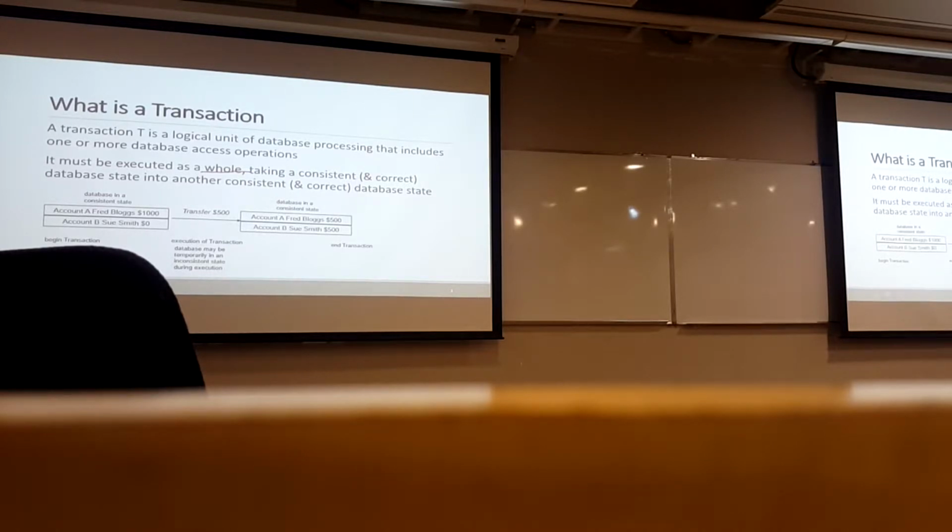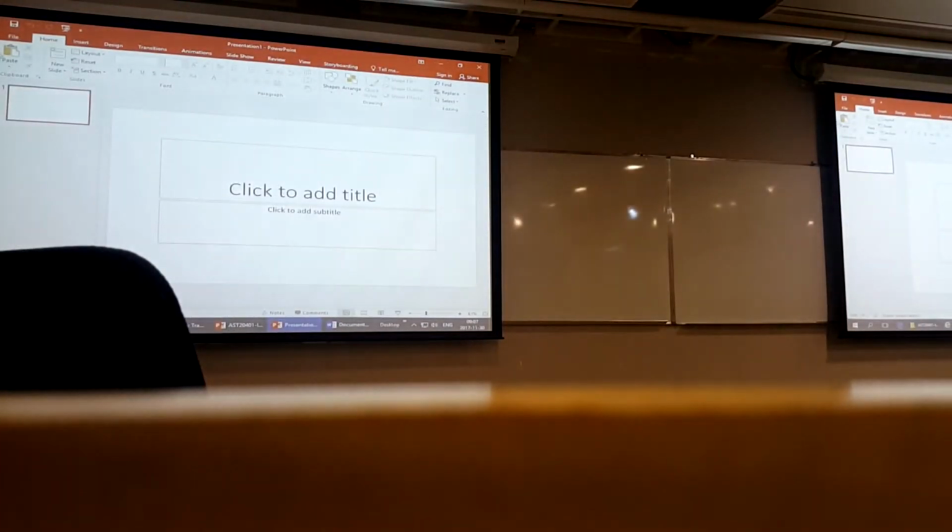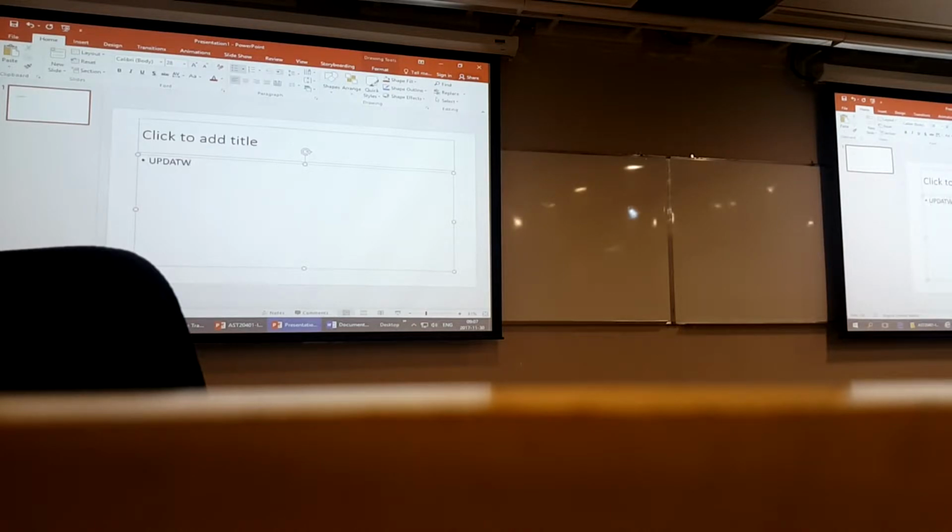It would be something like: update account set balance equal to balance minus 500 where ID equal to A. At the same time, you would also update account set balance equal to balance plus 500 where ID equal to B, right? It's two SQL statements.